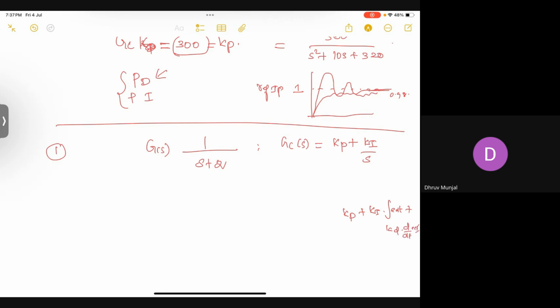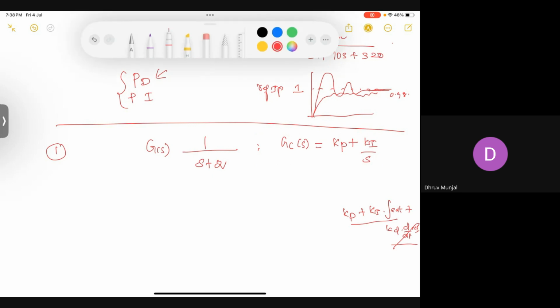So taking the Laplace transform, you will have this. Since there is no D, I'm just going to rule this out, keeping only the first two terms. Okay. Right.